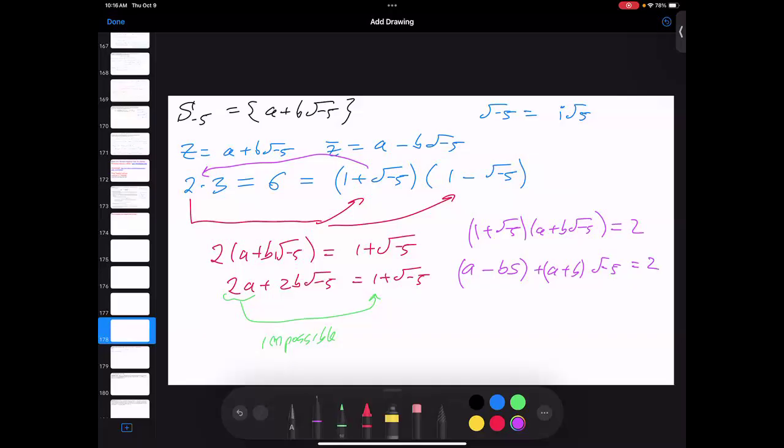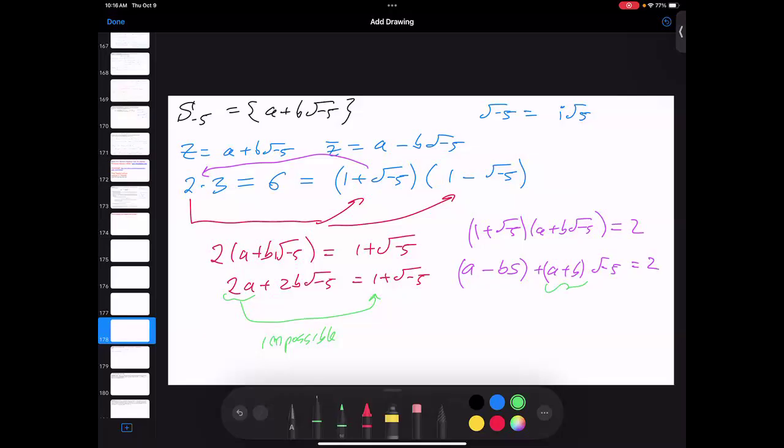So if this is going to be true, what's the only way this could be true? What must be true about a and b? Which one is easy to look at, the real part or the square root of -5 part? I think the square root of -5 part is easier. If we want this whole thing on the left to equal 2, what does a plus b have to equal?